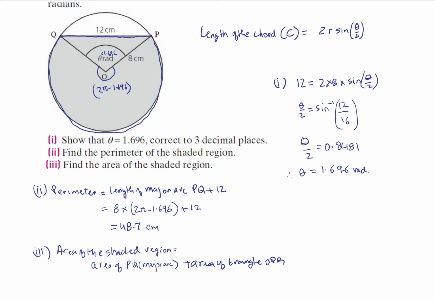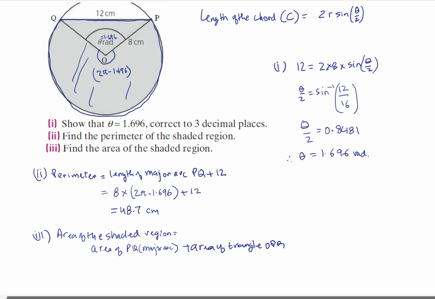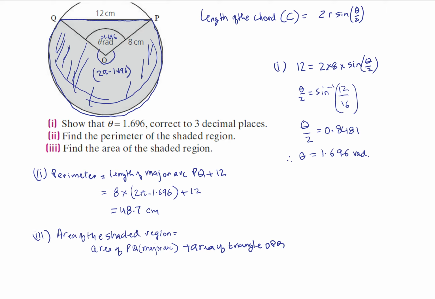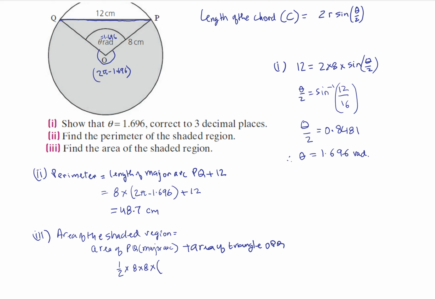So the area of the major sector is given by half r squared theta. I keep saying major arc, but it's not the perimeter, it's this region. So we have to do half times r squared, so 8 times 8 times theta, where theta is 2 pi minus 1.696, plus the area of the triangle, half ab sine of the included angle.